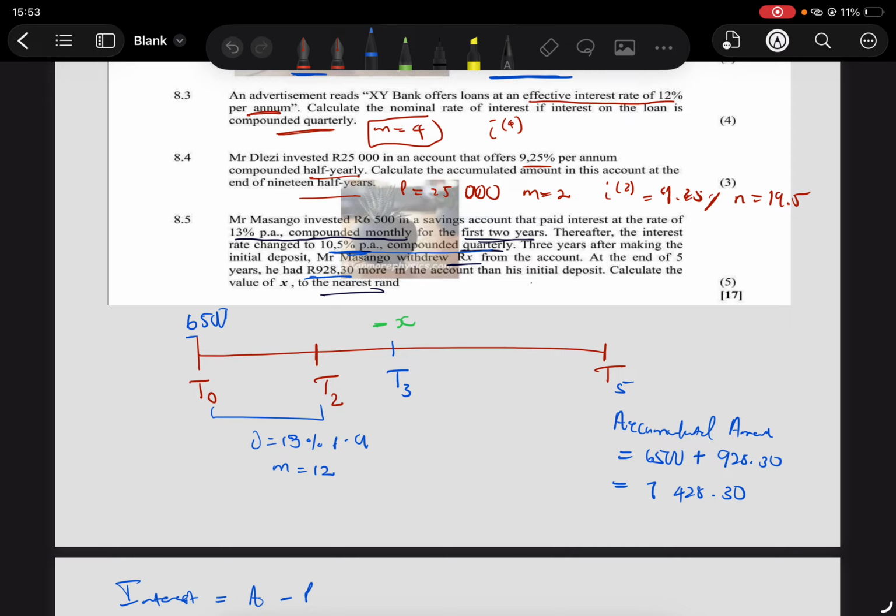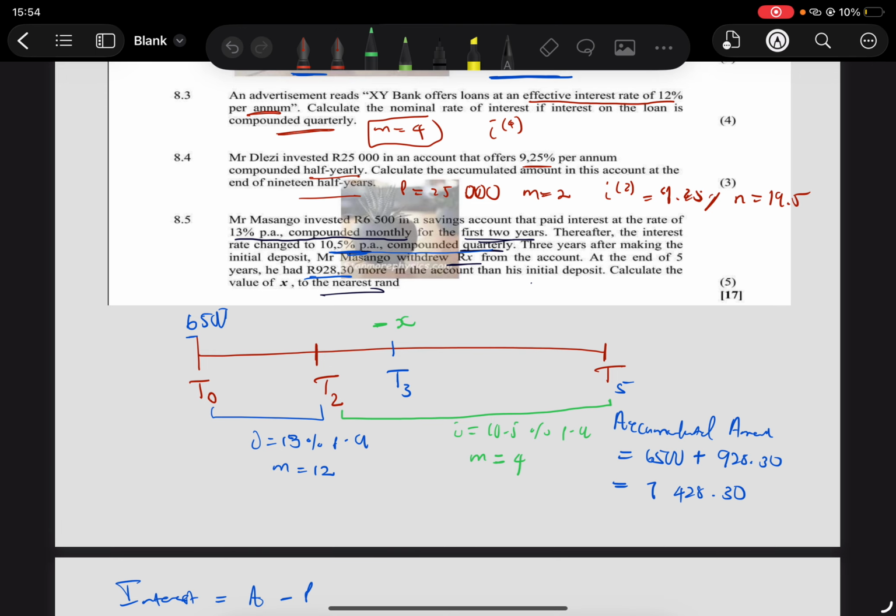After the first 2 years, the interest rate changed, meaning that the interest rate from the end of year 2 until the end of the investment changed to 10.5% per annum, and it's compounded quarterly. So your m here is equal to 4, right?